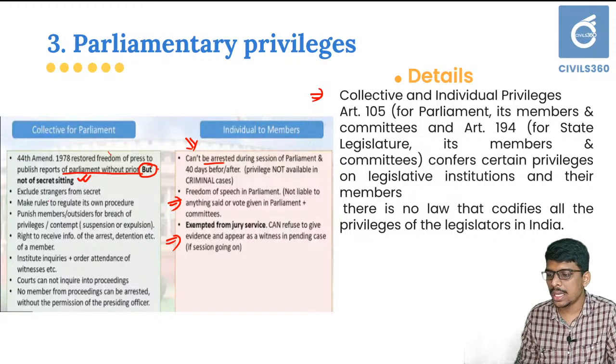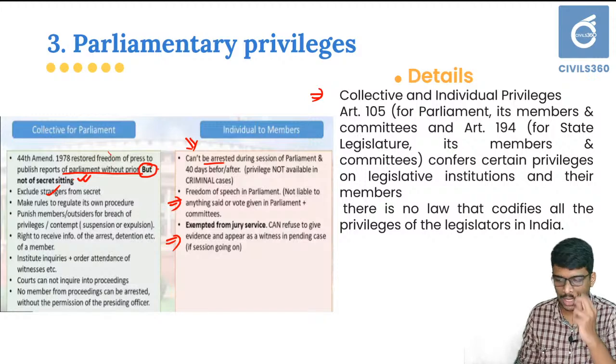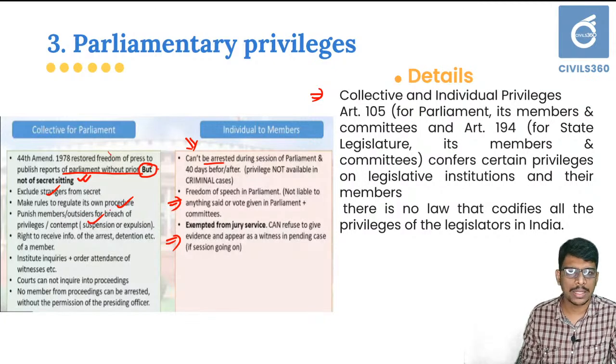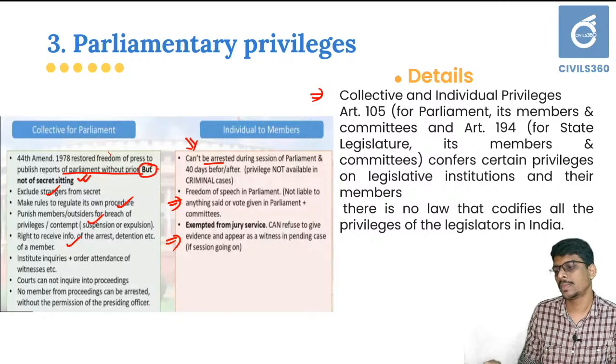And next, it can exclude strangers from the secret sitting, make rules to regulate its own procedure, and punish members outside for breach of privileges. Recently, breach of privilege was being used by the Karnataka Legislative Assembly. There is a chance that this question will be in your prelims. And the right to receive information on arrest and detention of members, and to institute enquiries, all related to the elective parliament.